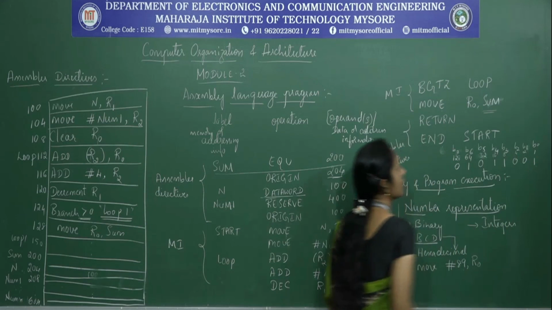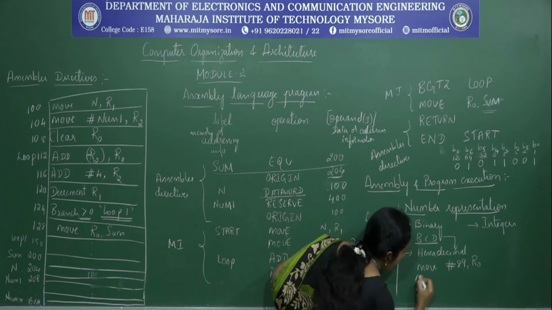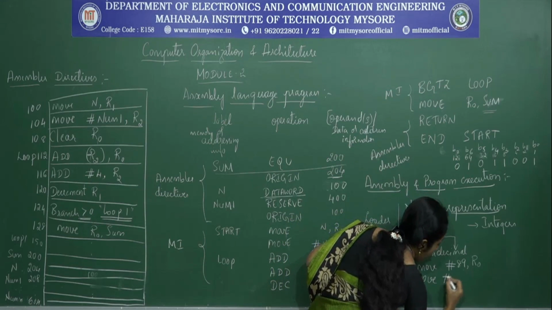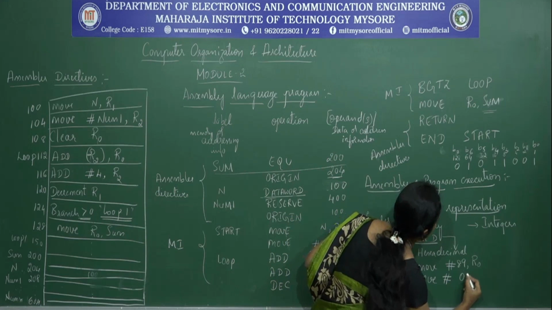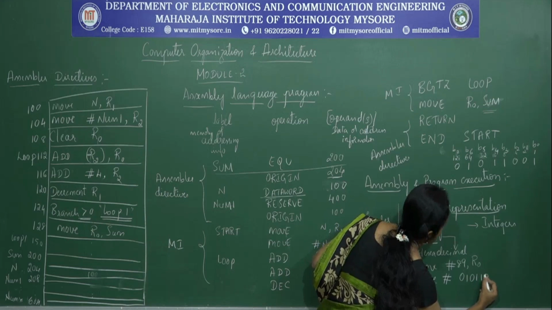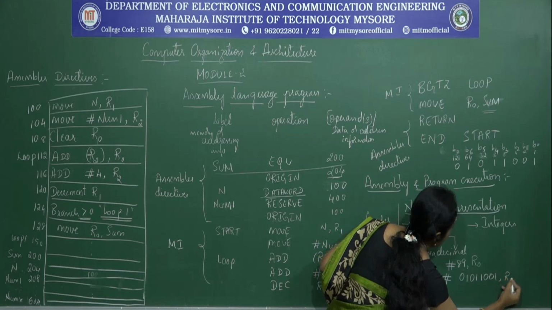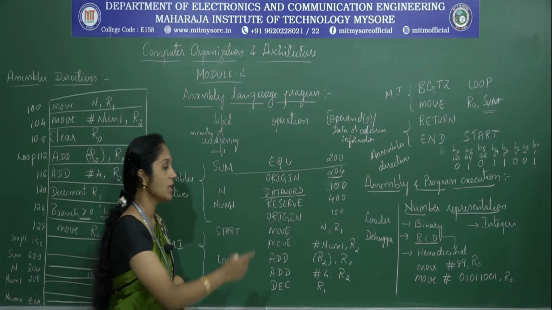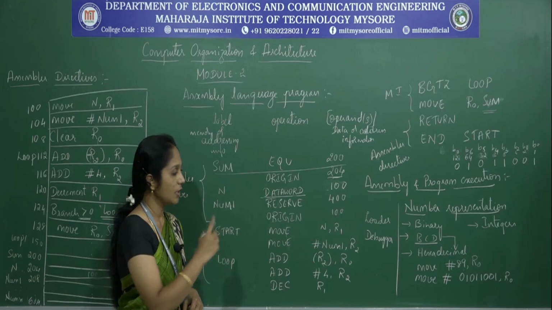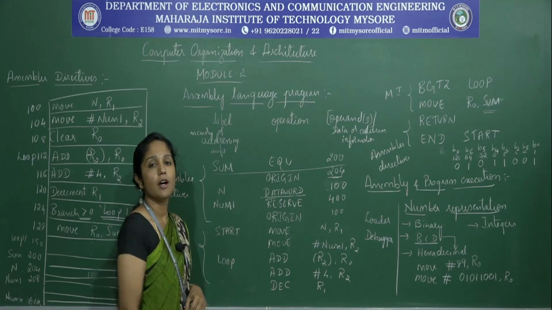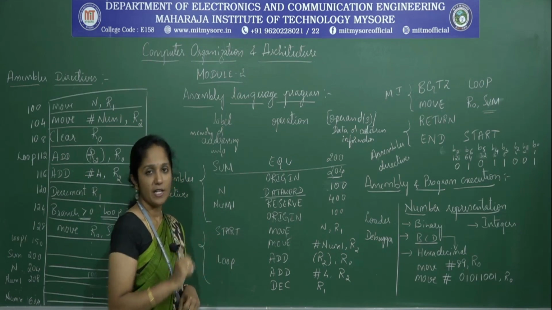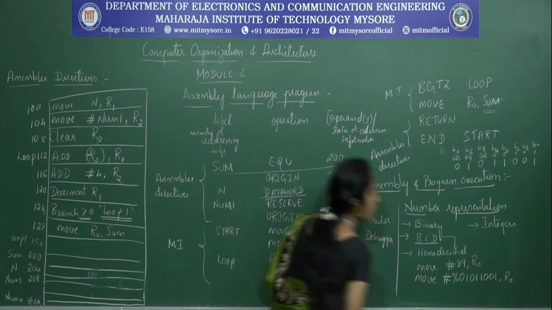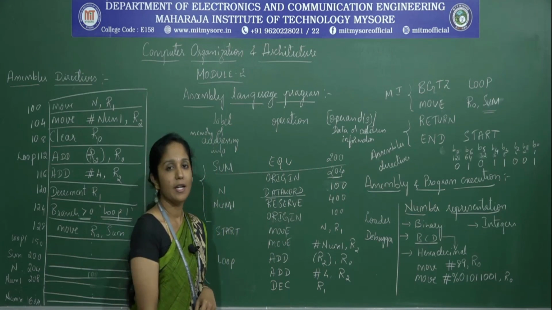So if you want to use binary representation, it is hash 0 1 0 1 1 0 0 1 comma R0. But you need to use some symbol so that it can be conveyed to the assembler that it is a binary number. For this we use the percentage symbol to indicate a binary number.